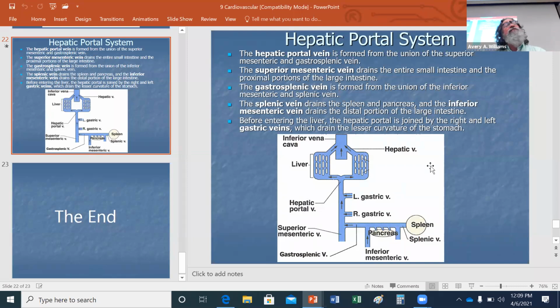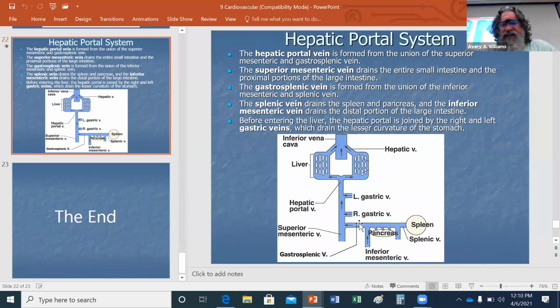And so on. Basically, the inferior mesenteric vein, like I said, drains mostly the large intestine, and the superior mesenteric vein drains mostly the small intestine. Basically running in reverse to the superior mesenteric artery and inferior mesenteric artery.